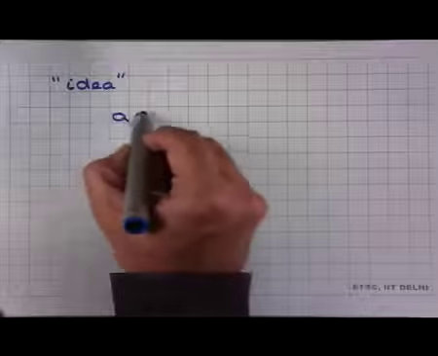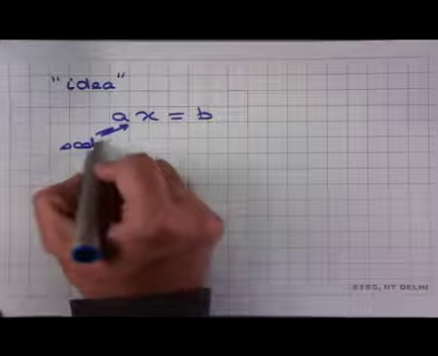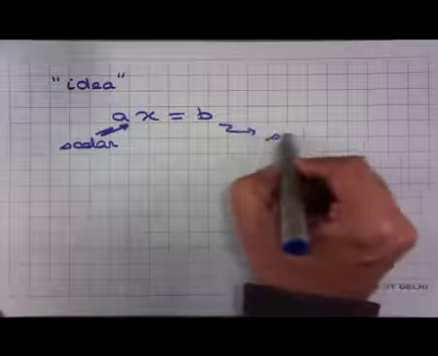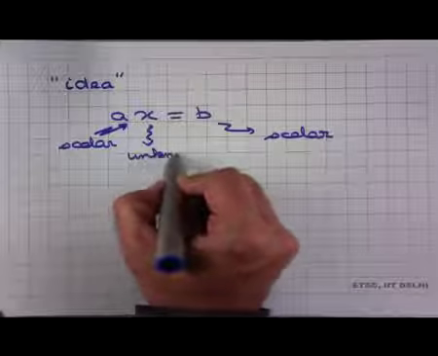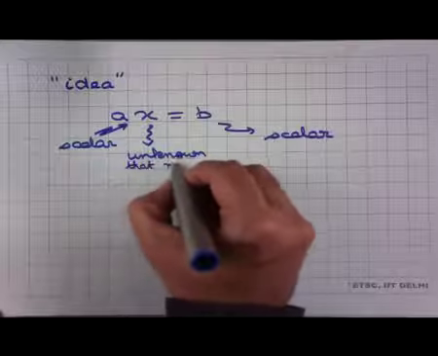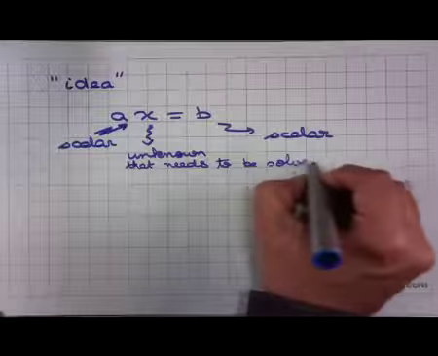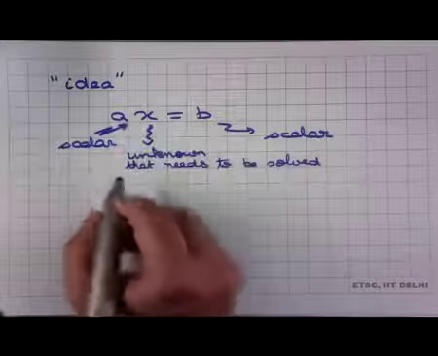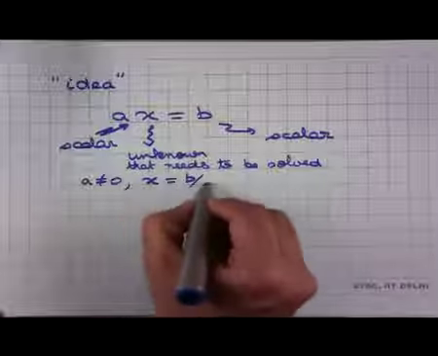Just to write that down, we may have previously encountered equations like A x equal to b, where A may be some scalar, b also is a scalar, and x is an unknown that needs to be solved for, and because these are all scalar values, we can say okay, if A is not equal to 0, then x equal to b by a.